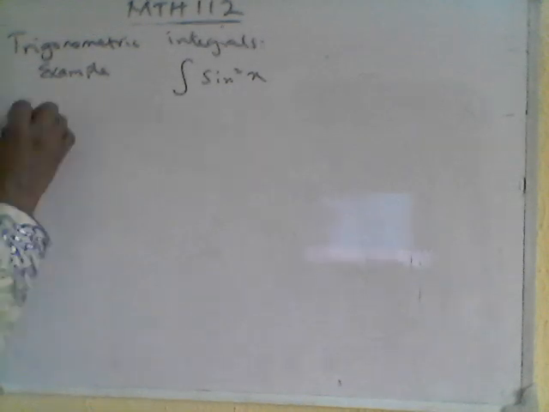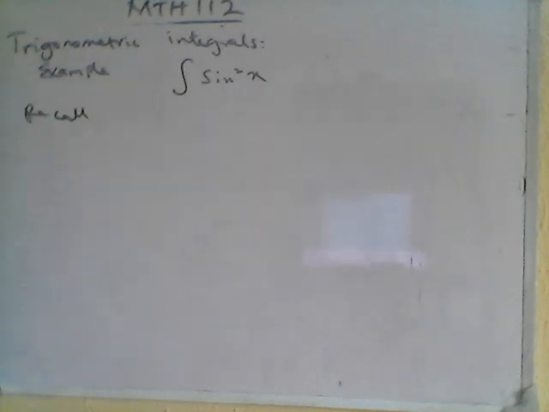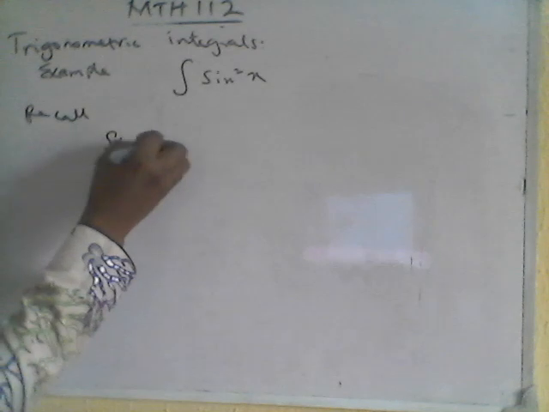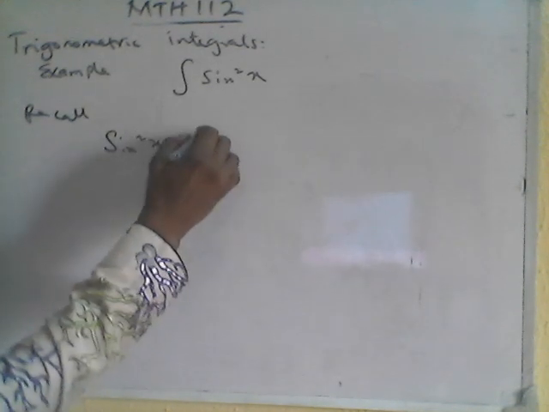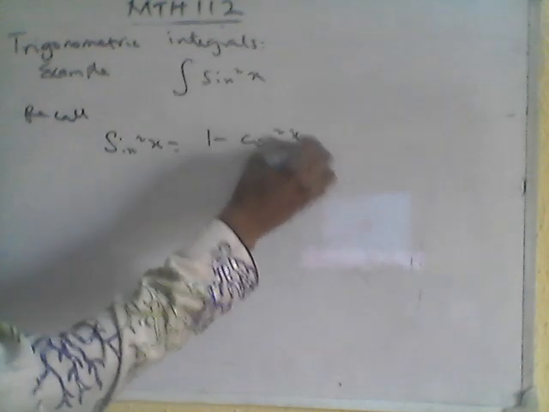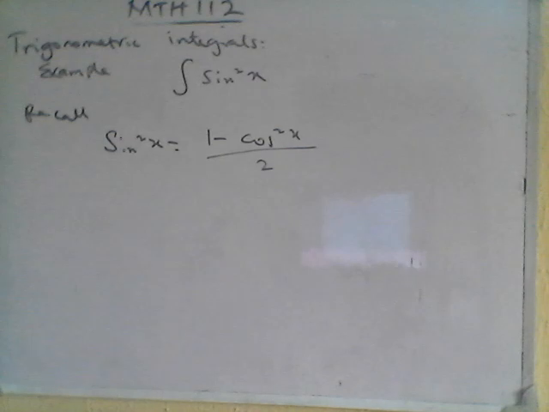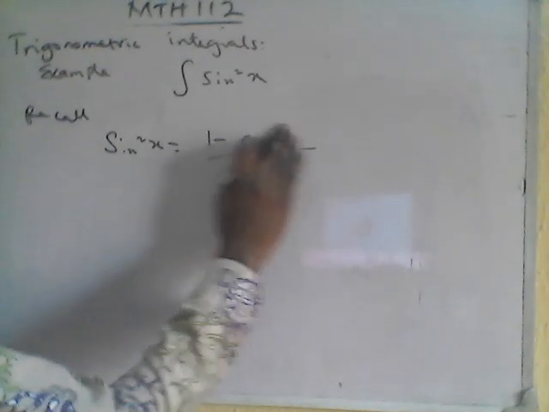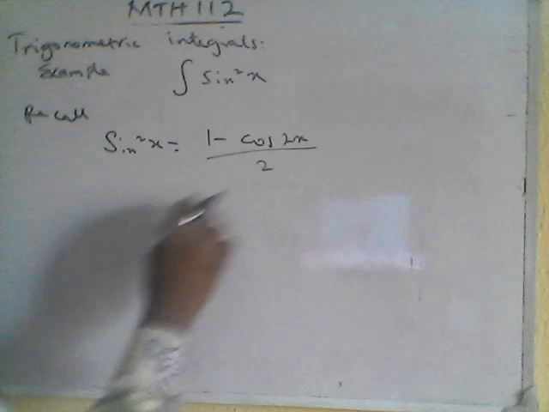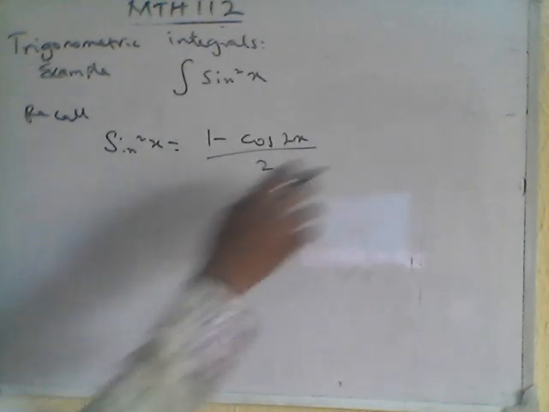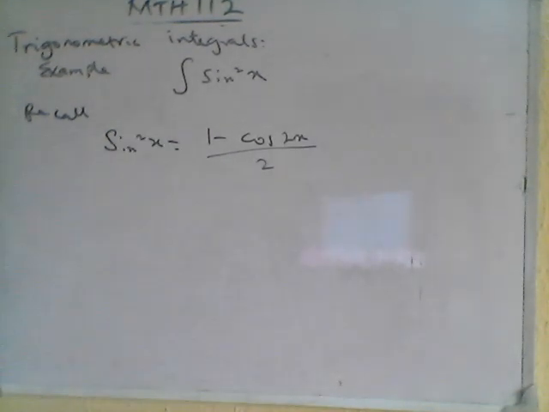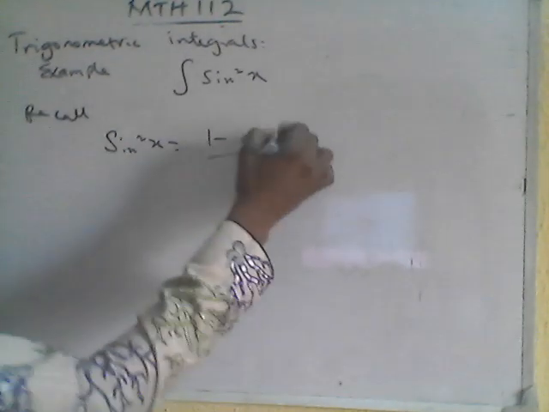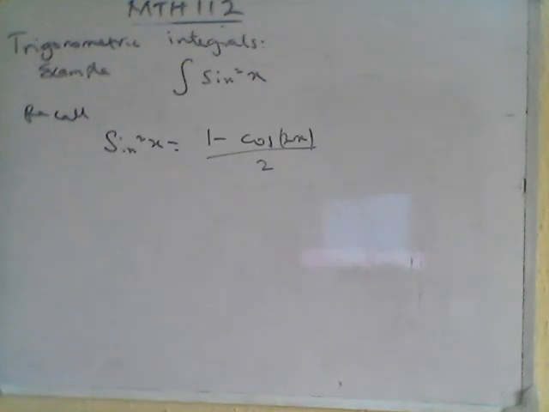Recall from our trig identities that sine squared x is the same thing as 1 minus cos 2x over 2. This is an identity that has been derived from our trigonometric identities.